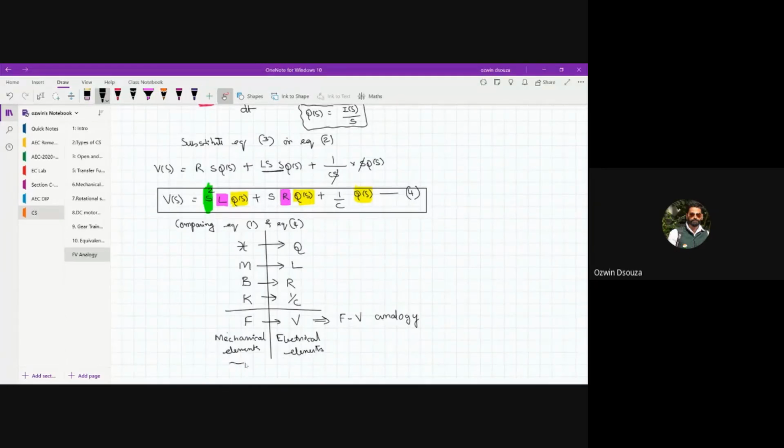So in future, when we deal with analogous systems based on FV analogy, what we try to do is replace all the mechanical elements with its counterparts. That means if we see any displacement, we are going to replace that displacement with charge Q. And if you encounter any mass element, you are going to replace that mass element with inductance L. So this is called as force voltage analogy.